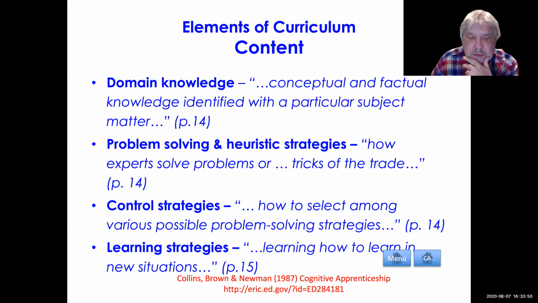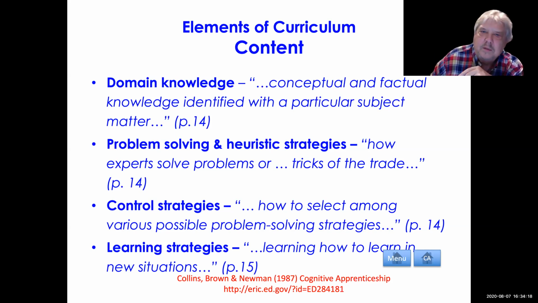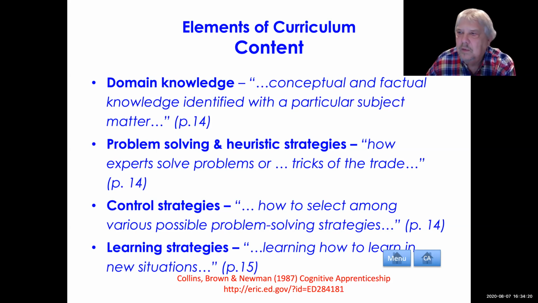Then we get into the issues of content and learning for how to select among various problem-solving strategies, and those are mental tools that you could use about how might I go about framing this problem and being able to problem solve using those strategies. And then the last one is the highest level of curriculum content, and it's like learning how to learn, teaching yourself how to learn.